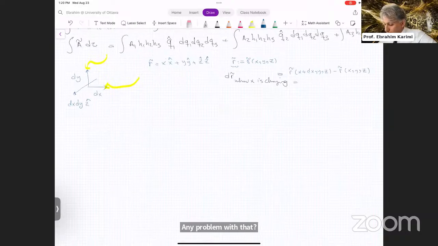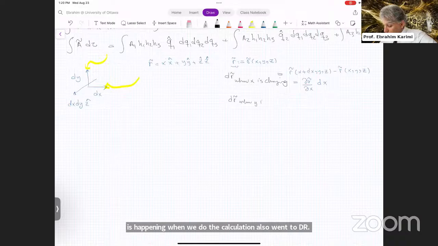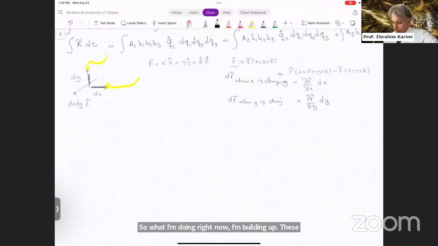Then we will get the derivative of r with respect to x dot dx. What happens when we do the calculation also with the dr when y is changing? Then I will have exactly the same expression, dy. Good. So what I'm doing right now is building up this vector and this vector when they are changing.